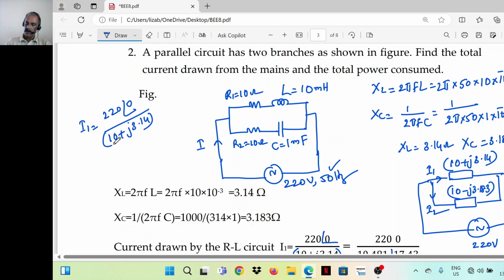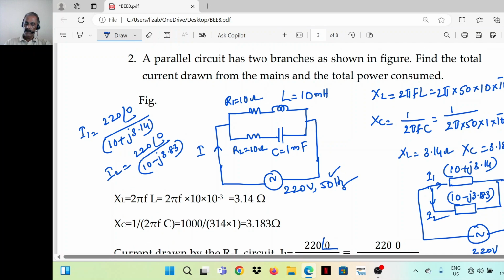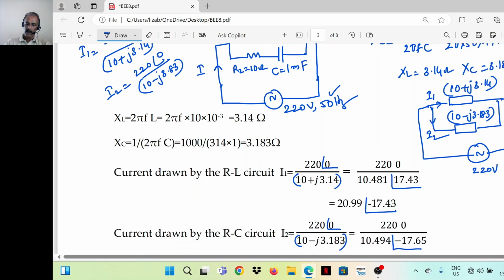And I2 is equal to 220 angle 0 divided by 10 minus j 3.83. So we can find out the values of I1 and I2. That is, I1 is equal to, 10 plus j 3.14 is 10.481 angle 17.43.